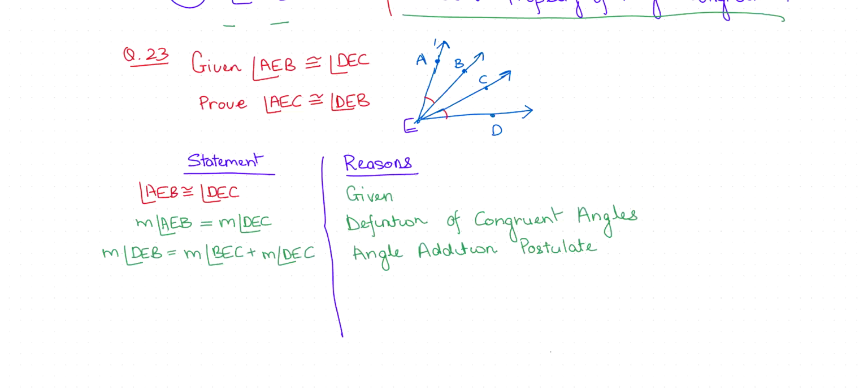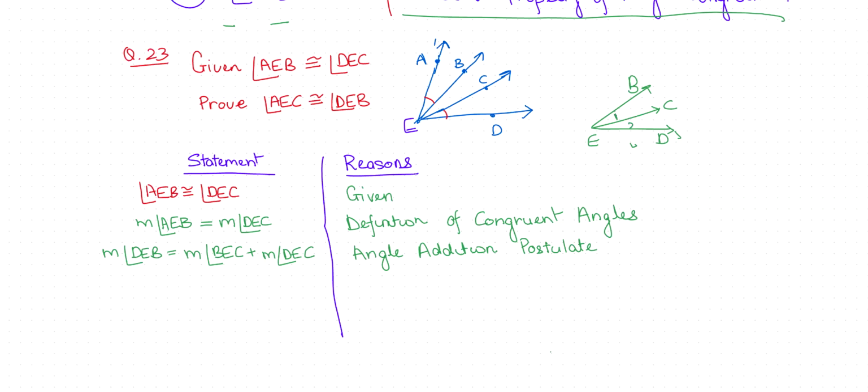So we see that DEB angle is equal to DEC plus BEC.